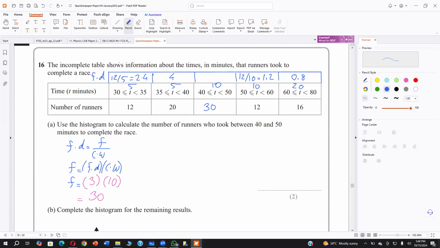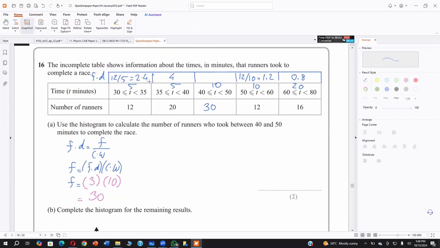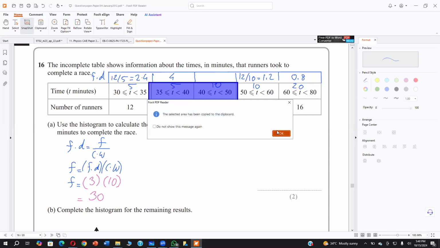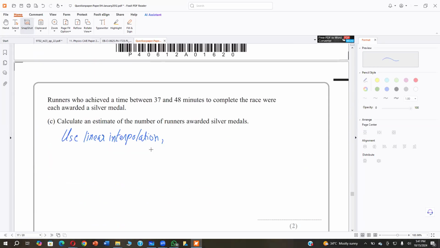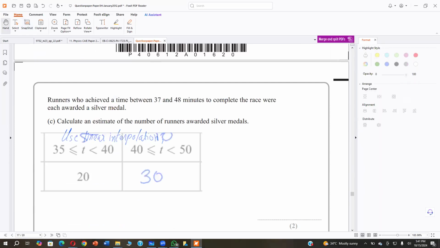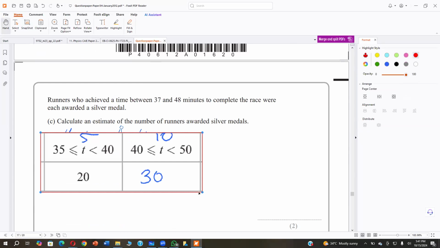How to solve it now? What I'm going to do is mark 37 minutes, and then find the frequency from 37 to 40, and then add them.